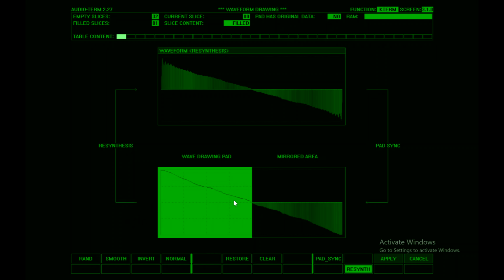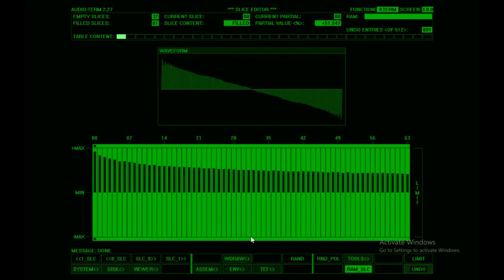Anyway, that's not bad. And again, it resynthesized it, and again you can see how the sine waves are used to regenerate the sawtooth, and it sounds like one. And again, I'll press apply, and all harmonics are used to generate a sawtooth wave. That was what I wanted to show you.